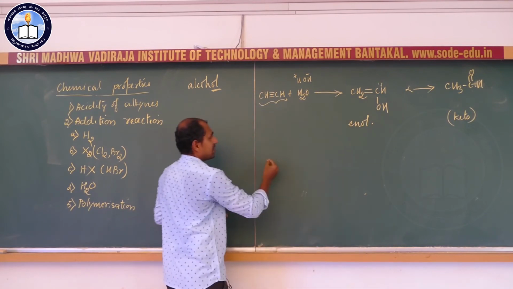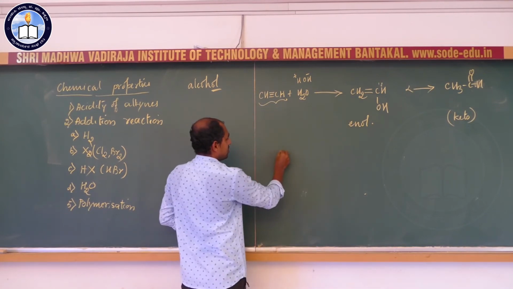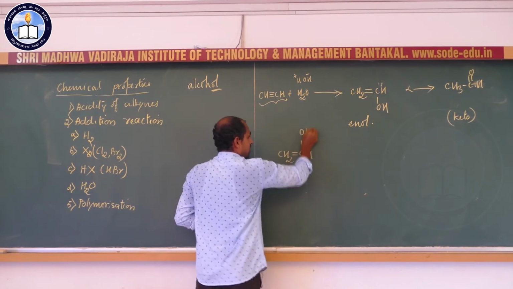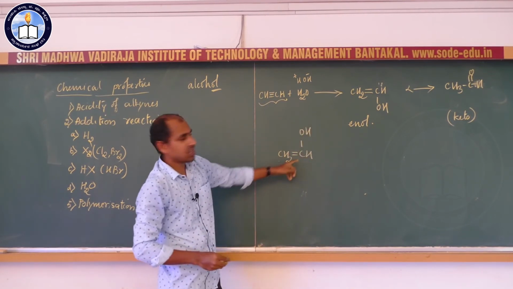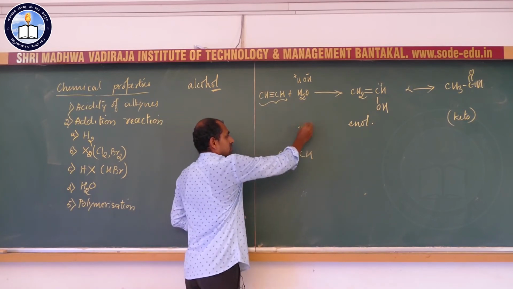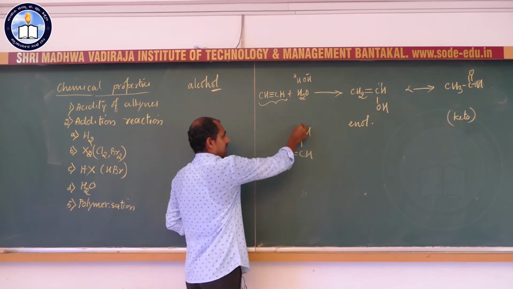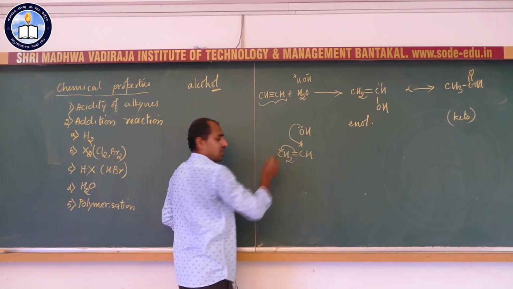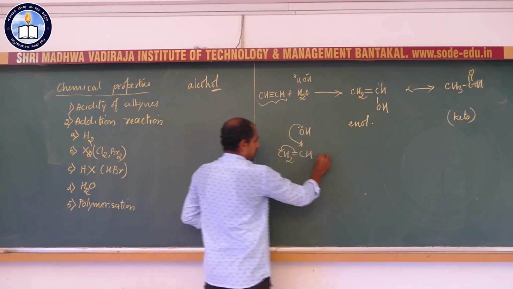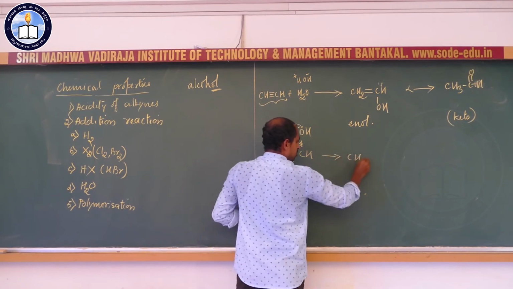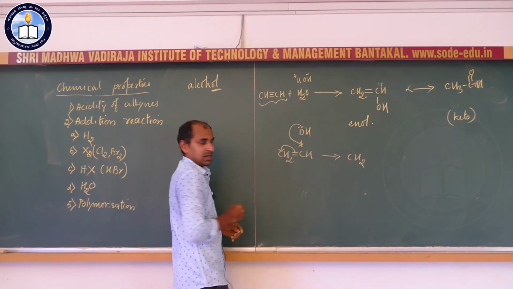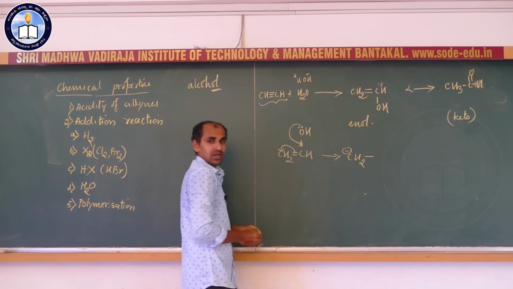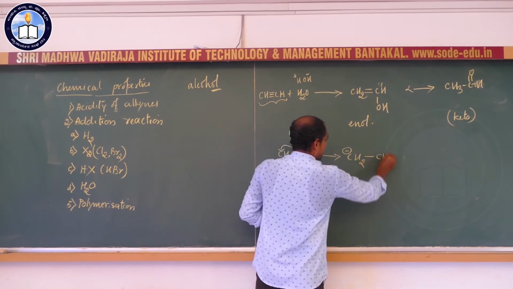Here I will write the exact structure. CH2 double bond CH OH is the enol. Now, what happens? Oxygen has a lone pair of electrons, which moves here, so the double bond shifts onto the carbon atom. The CH2 group gets electrons, therefore it becomes negative. The double bond is converted into a single bond, CH.